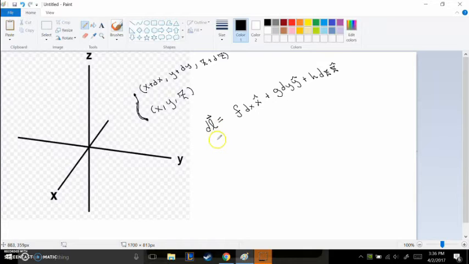And why this is important, it's because it helps us translate between different coordinate systems. For example, in the Cartesian coordinate system, the one that we've been doing, we've been saying let f, g, and h all equal 1 so that we can describe a change in length as just the change in x in the x direction plus the change in y in the y direction plus the change in z in the z direction.